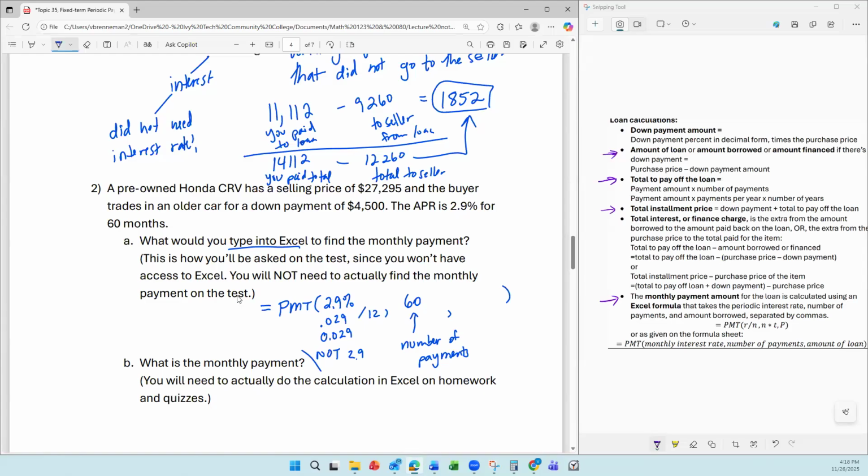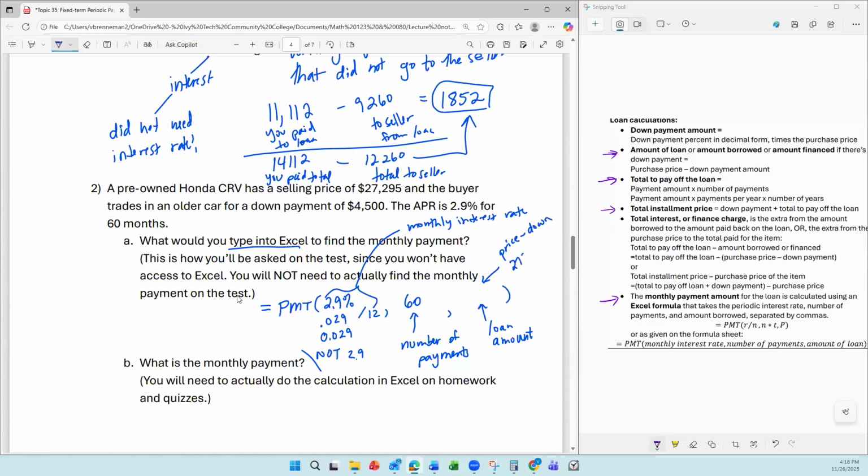And then the last piece is the amount of the loan. And this is combined with the monthly interest rate. For the amount of the loan, that's going to be the purchase price minus the down payment.